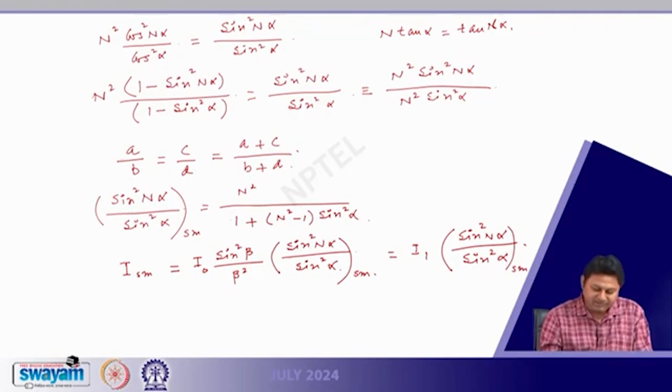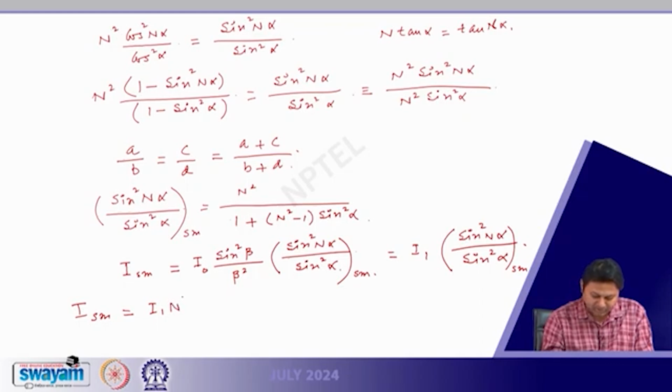Now, I just replace these things so that the intensity of the secondary maxima is equal to intensity I1 multiplied by n square multiplied by 1 divided by 1 plus n square minus 1 sin square alpha. I know this quantity is essentially the intensity of the principal maxima.